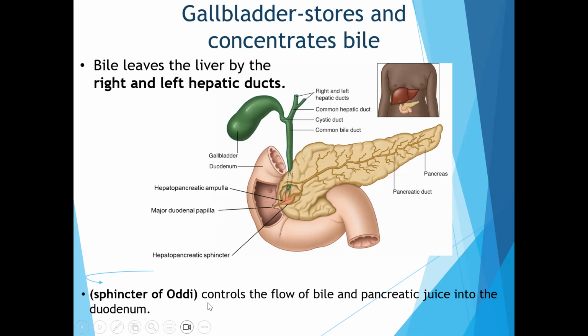It controls the flow of bile and pancreatic juice into the duodenum. So the gallbladder is going to store and concentrate the bile. It's going to go down to meet where the pancreas is as well. And that sphincter of Oddi controls the flow of our bile and pancreatic juice into the duodenum. Remember, that's the first part of our small intestine.